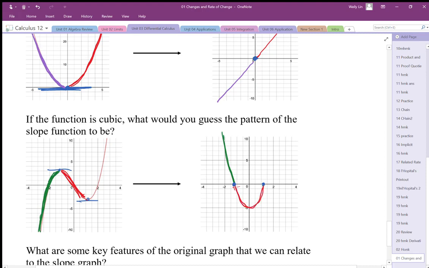What we're seeing is really a quadratic change: 0, negative, back to 0. And again, if we look at this part here, it starts at 0 and it's going up, up, up, really big, and it's going to change in a quadratic way. So we're going to end up with this quadratic pattern. The changes in a cubic are quadratic, so the slope values follow a quadratic pattern.